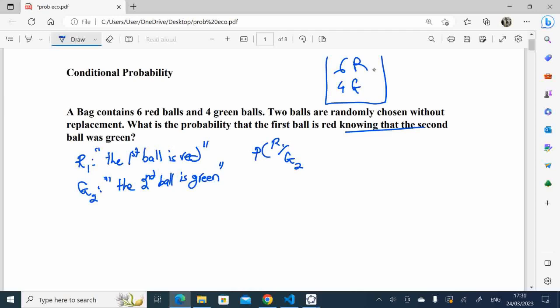So this is the probability I want to find. How to find this probability? According to the formula, P of R1 knowing G2 is P of R1 intersection G2 over P of G2.